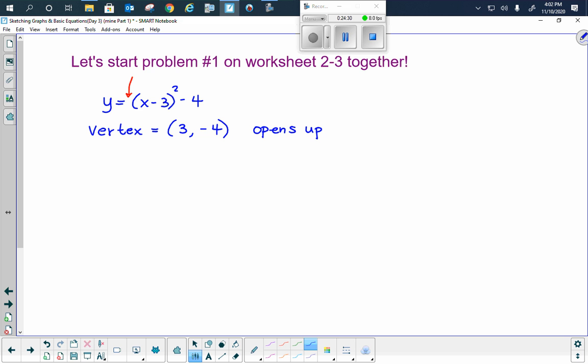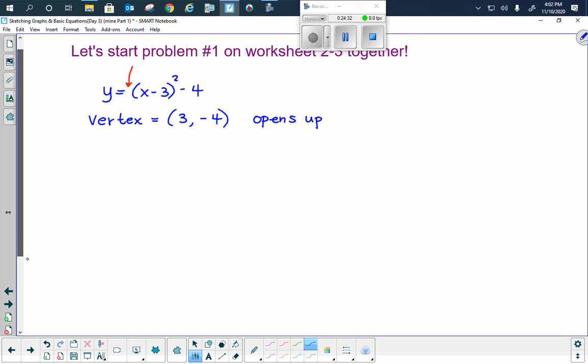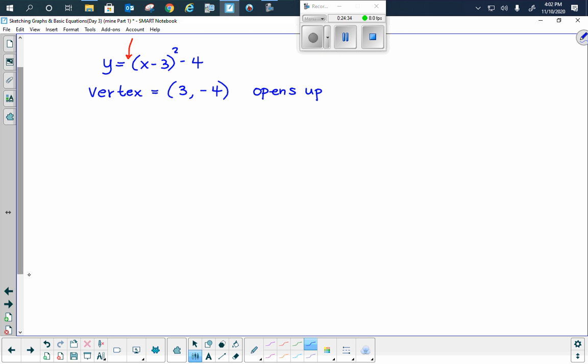So I plan ahead. I say, all right, I'm going to start at the bottom, leave myself a little bit of room. I know I'm required to have 7 points, so I'm going to start at the vertex point, and I'm just going to say to myself, okay, this point is (3, -4). And I know from my 1-3-5 rule that I am going to go out 1 and up 1.